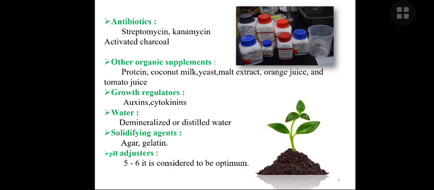Then demineralized or distilled water is needed. Solidifying agents like agar or gelatin to make a solid media. Then pH adjusters. The medium should be around 5 to 6 pH, which is considered optimum for growth.